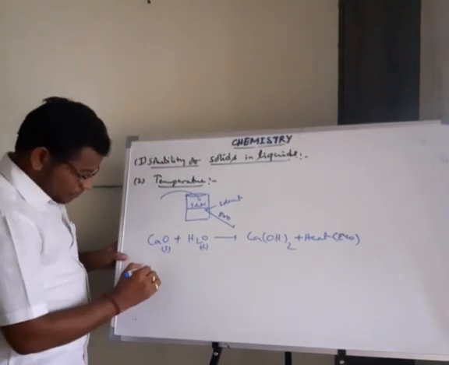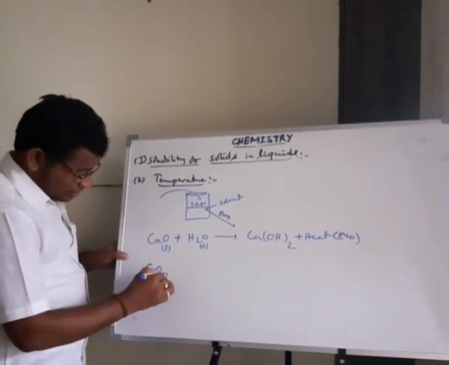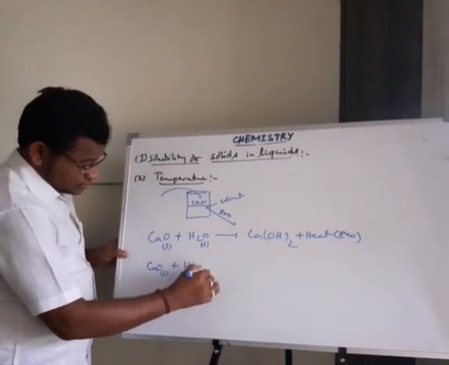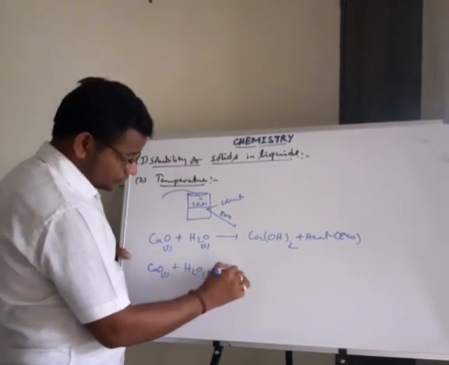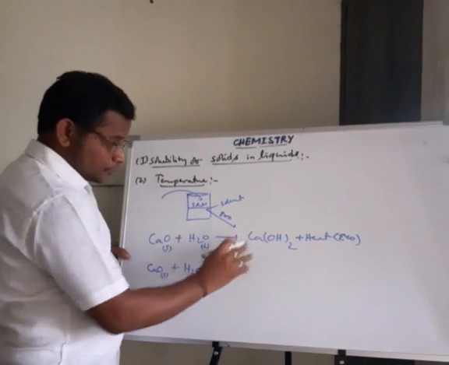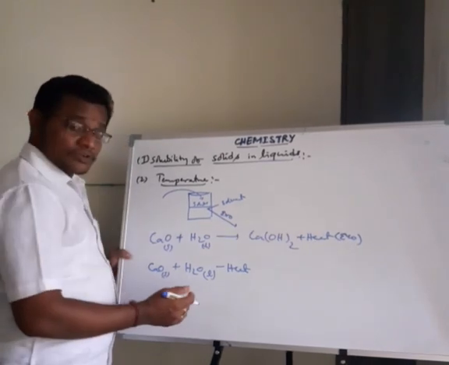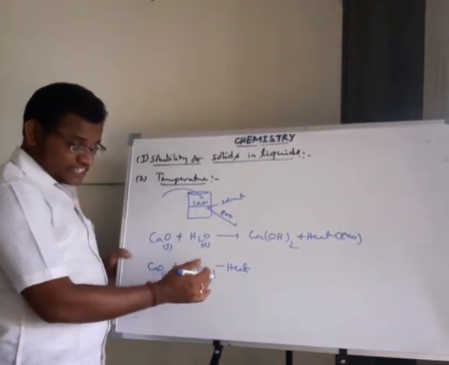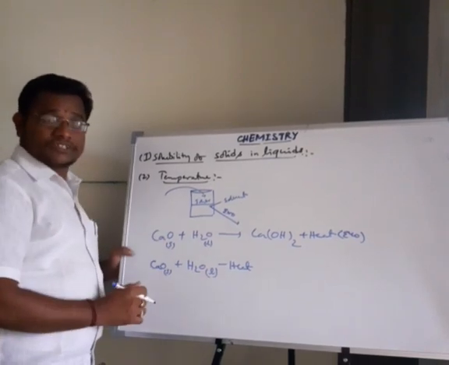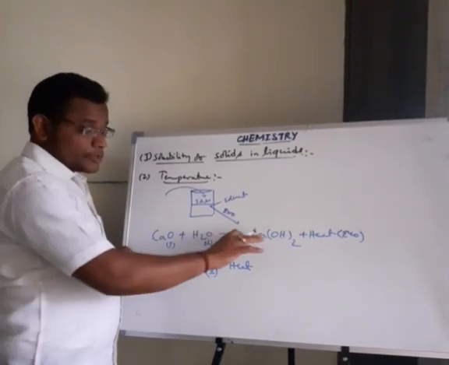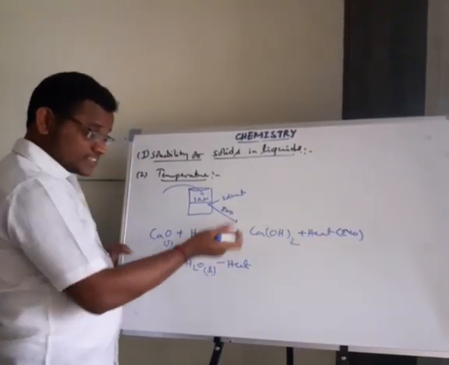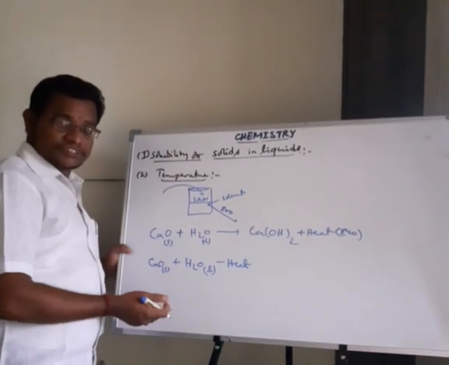It can be represented like this: CaO solid plus H2O liquid gives product plus heat, which means exothermic. Reactant side minus heat means that is also exothermic process. Otherwise, product side minus heat, reactant side plus heat means endothermic process.